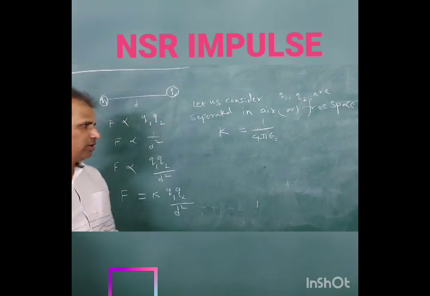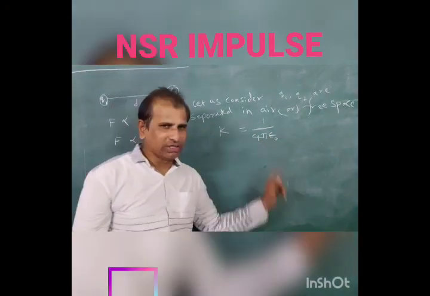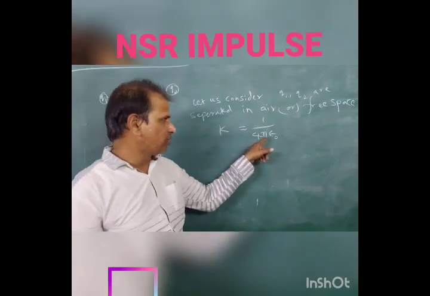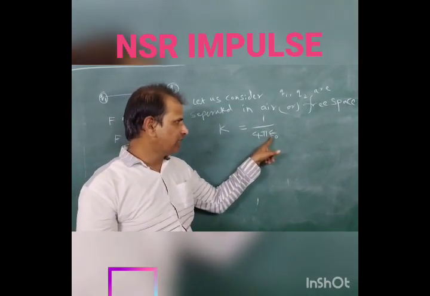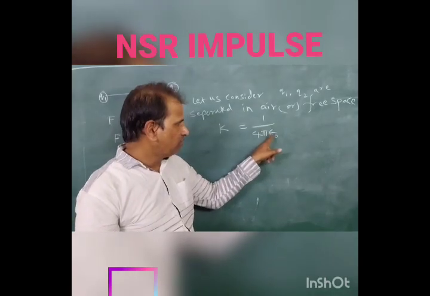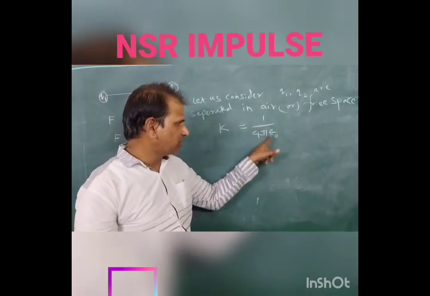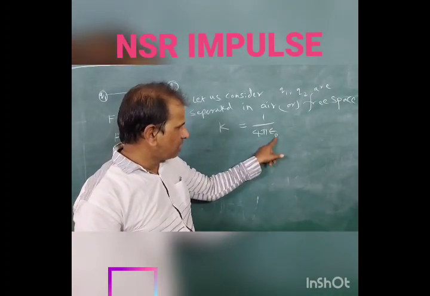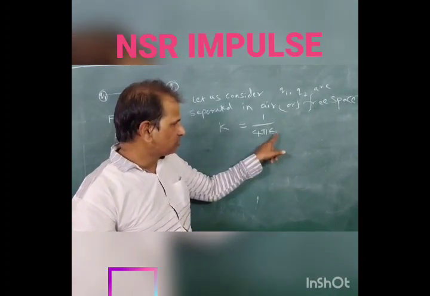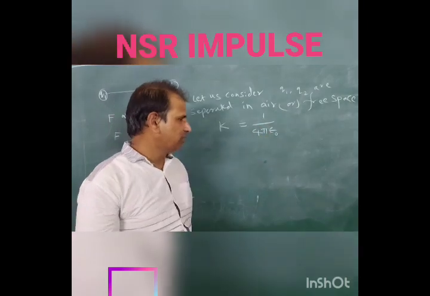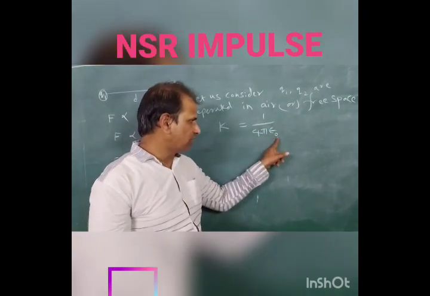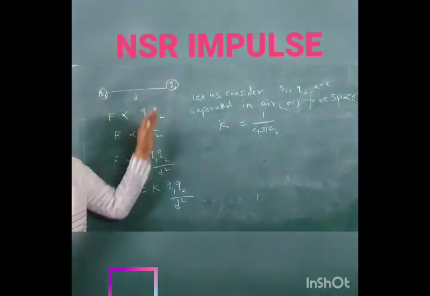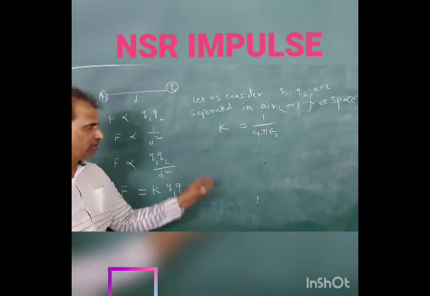So here we have introduced one new physical quantity. This you have to call epsilon naught. What is the meaning of epsilon naught? This is called permittivity of the medium. If you use this naught symbol, the zero symbol, that shows that the medium between the two charges must be air or free space.